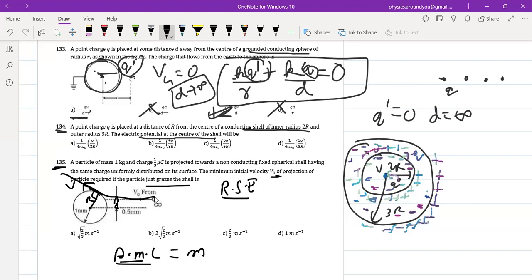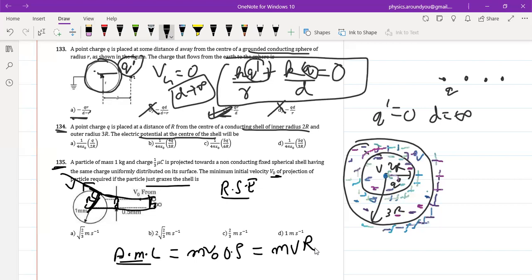Mass of this particle, speed of the particle V naught, into perpendicular distance. So initial perpendicular distance was this, which is given as 0.5 mm. That should be equal to final angular momentum m, this v into this perpendicular distance, now r.